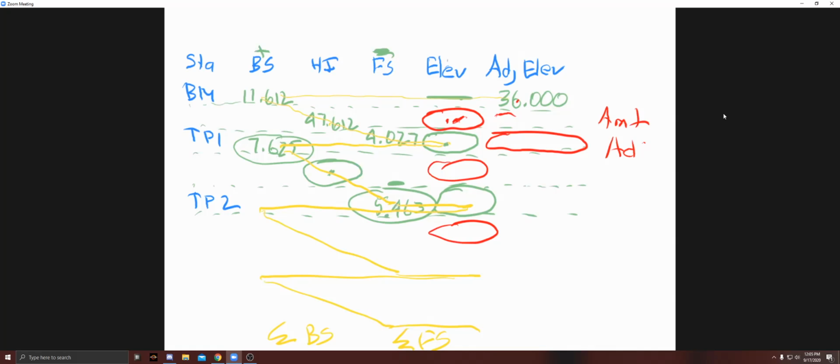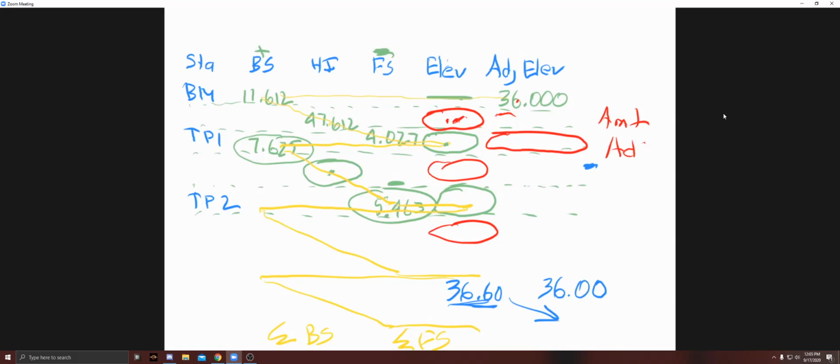One last thing. This probably got explained to you in lecture. Make sure when you make your adjustments that you adjust them in the right direction. For instance, if your unadjusted elevation after going around your loop is say 36.600, you have to make your adjustments negative because you want this number to drop to 36.